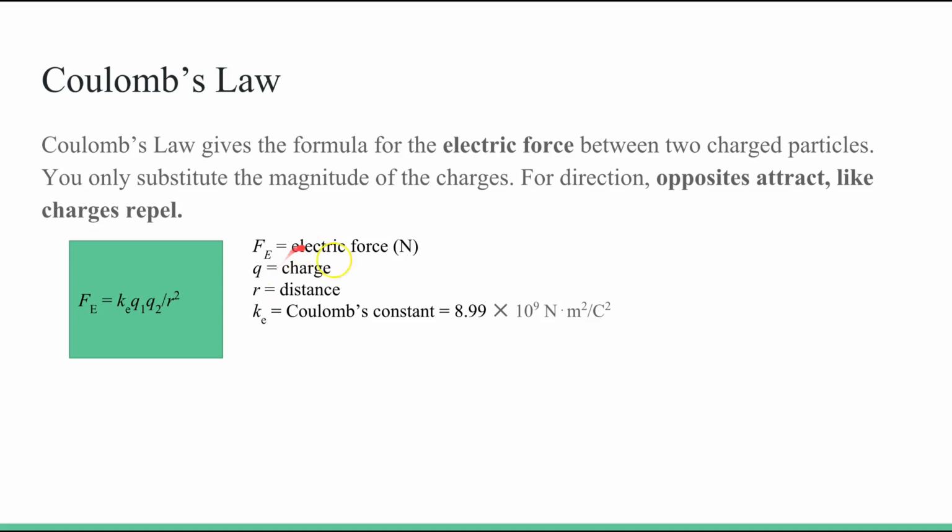So I'll use this 8.99. It's the value used in many sources, and it's a bit more exact, so I prefer that. But you can use 9. 9 is probably a good value for Ke.